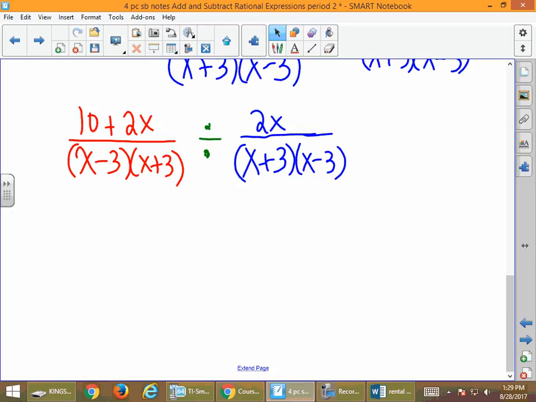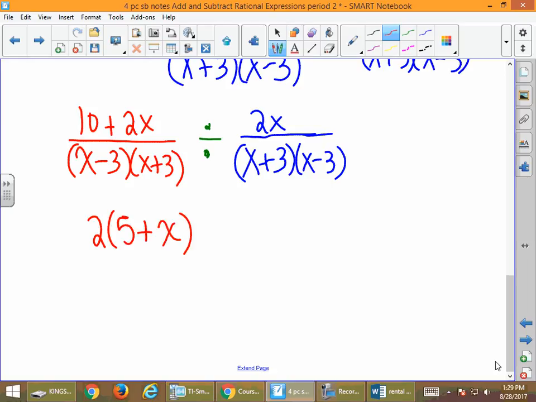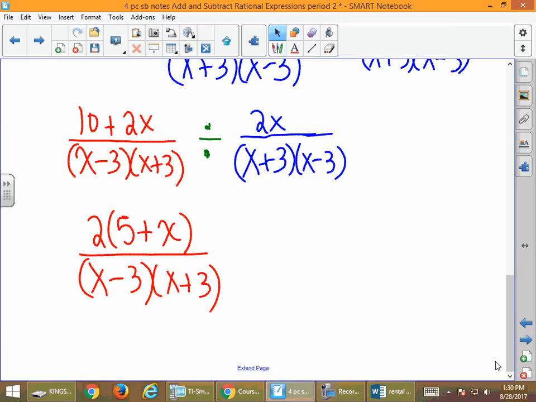I probably should have factored out the 10 plus 2x, so I'll do that right now. It's 2 times 5 plus x. We factored out a greatest common factor. We still have an x minus 3 times an x plus 3. Over here, we're going to multiply now, because when dividing, don't ask why, flip the second one and multiply.